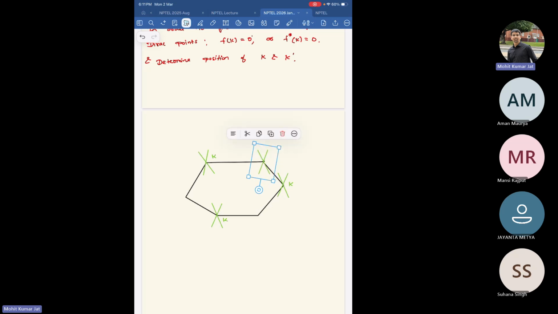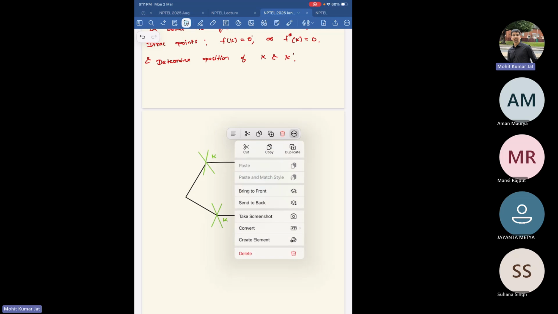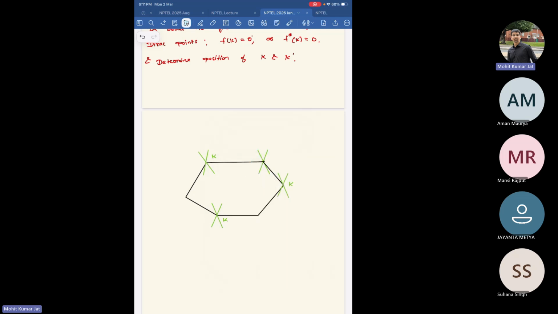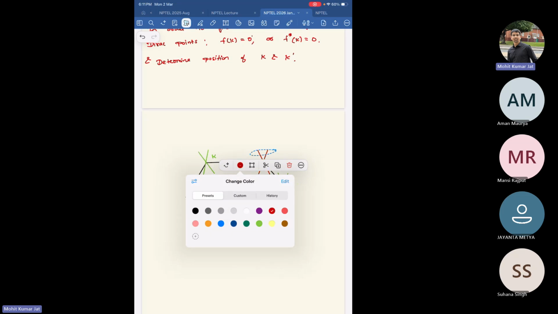Let me put it in maybe a different color, red color.